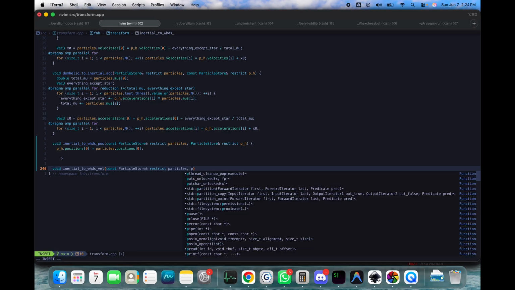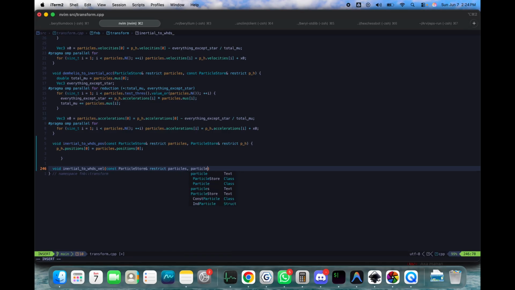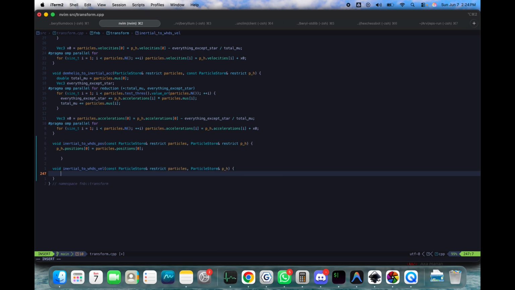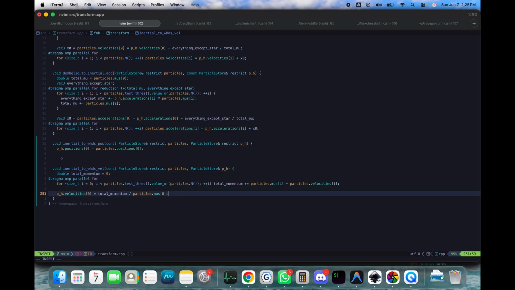And particle store pH, and okay, that should be done now. That part should be fine now, and okay. And then this part should be easy.